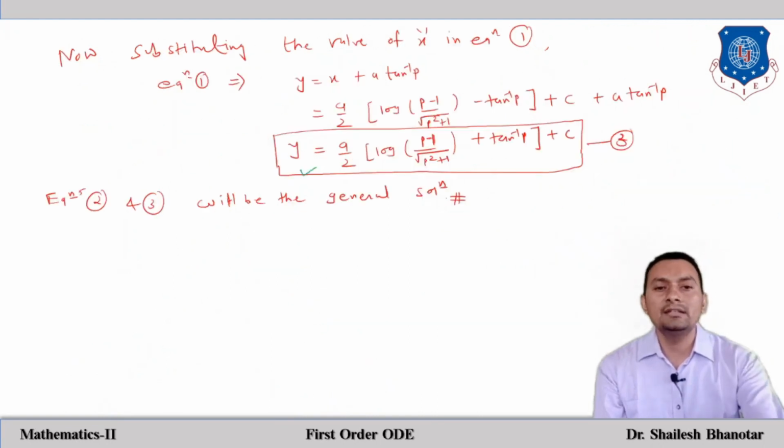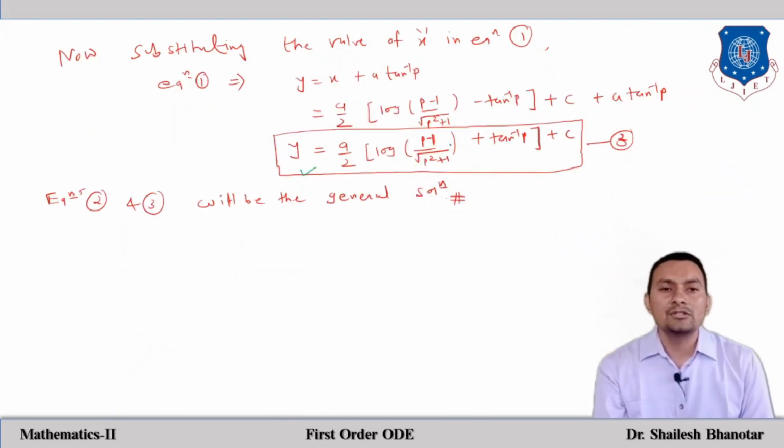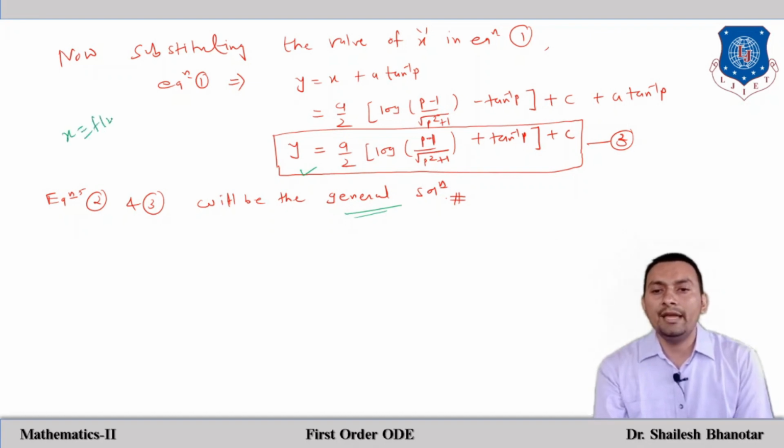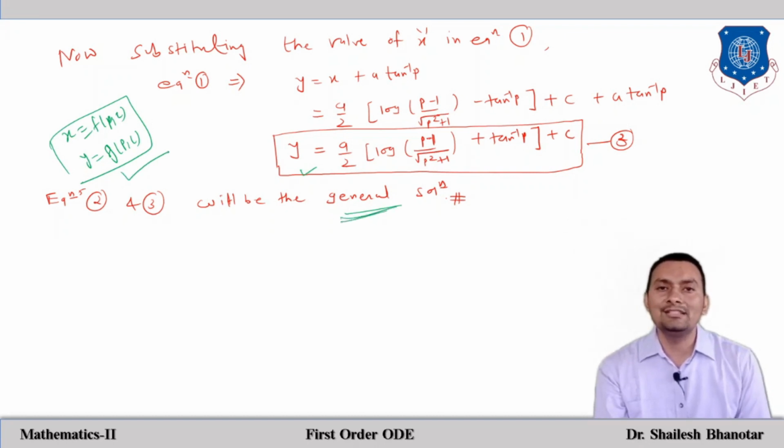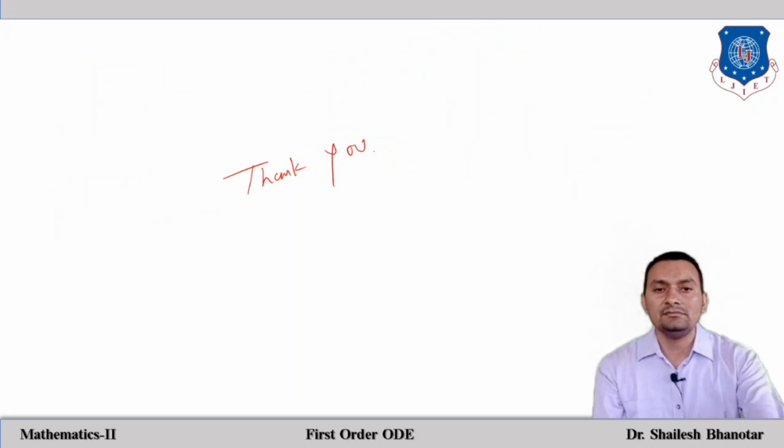So let us put it here in equation number 1, so we will have this one, and this is exactly our final general solution, because we have x in terms of f of p and c, and y is also in terms of g of p and c, and therefore these are the parametric equations, and that will be exactly the general solution.